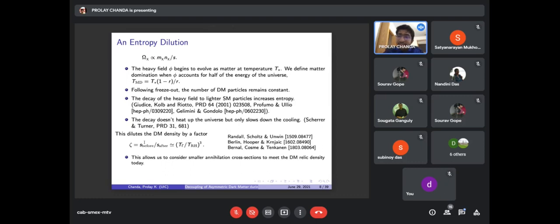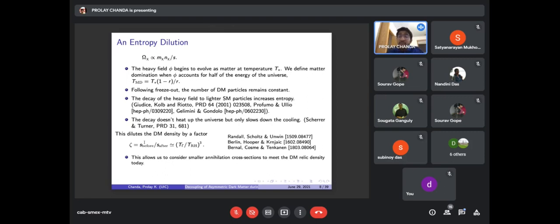So if I increase the entropy, the density is less for a given particle species. That means we are allowed to overproduce the dark matter during freeze out, and then following the entropy dilution, we can match the current relic density of dark matter as we see today.